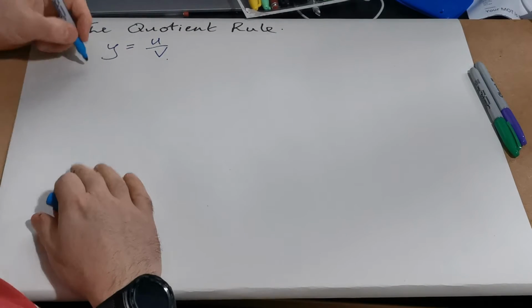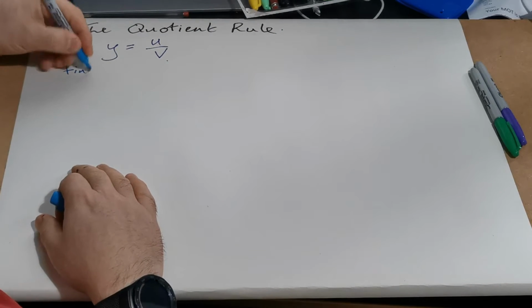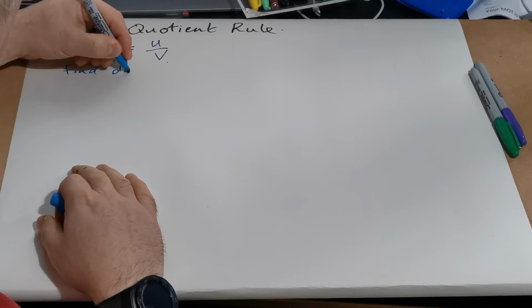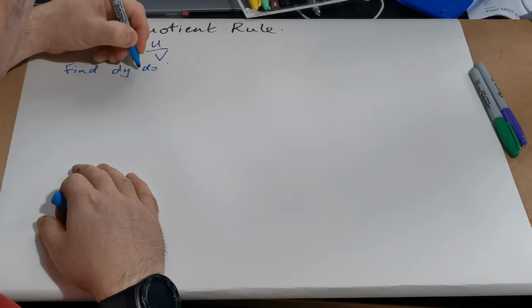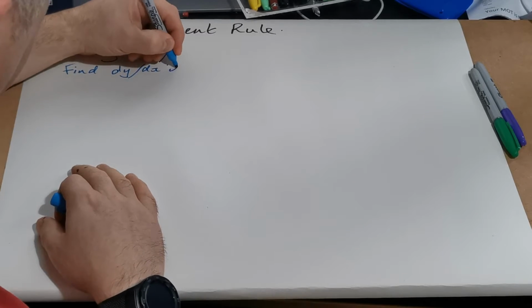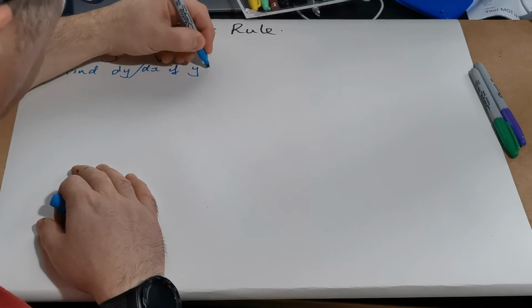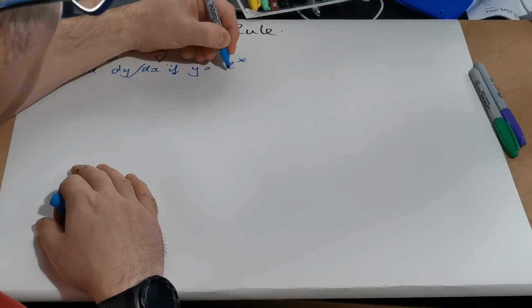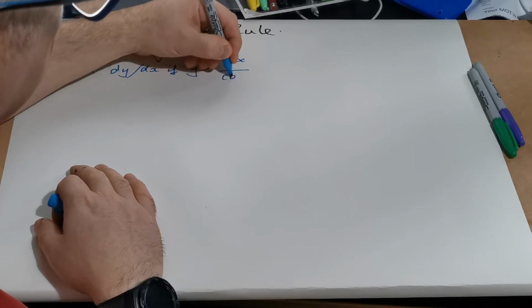So find dy by dx if y equals e to the x over cos x.